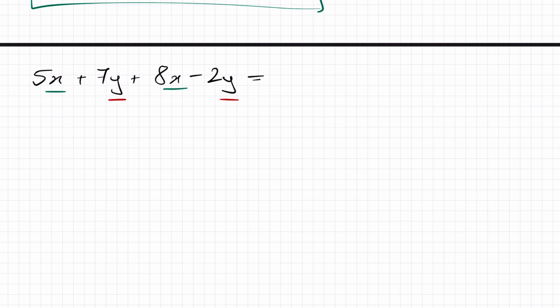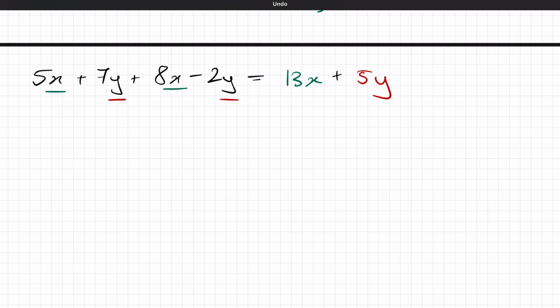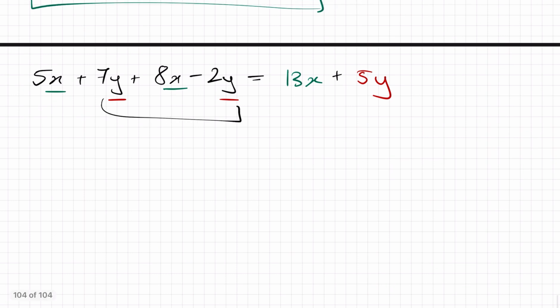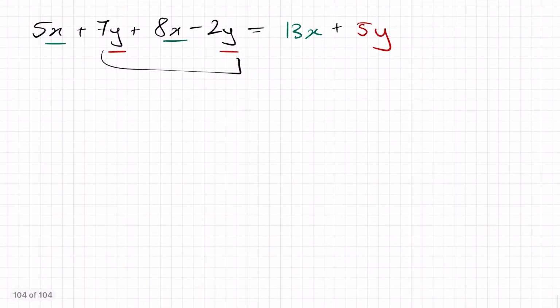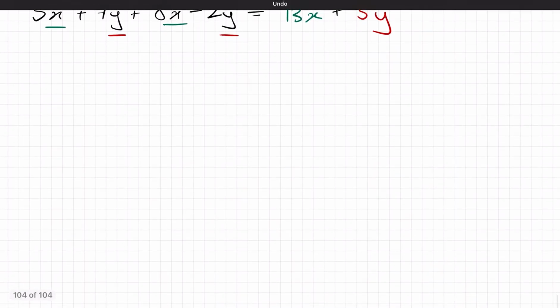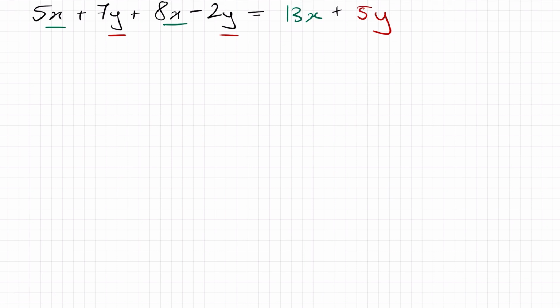So this comes out to become 13x plus 5y, because we're able to collect the terms which are similar to each other. Both of these are y terms, both of these are x terms, so we can sum these two and sum these two, which comes out to a minus because you're adding a minus number. Pretty self-explanatory.